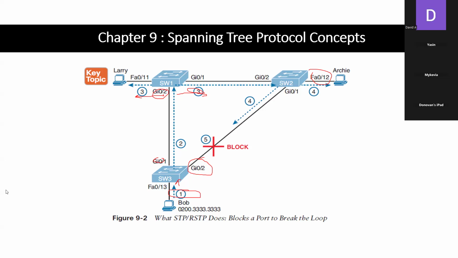We didn't have spanning tree in our last diagram. Now we do. The spanning tree algorithm said we need to block on gigabit 0/2 off of switch 3. Excellent. Now spanning tree convergence has happened. You guys will need to know that for the exam.